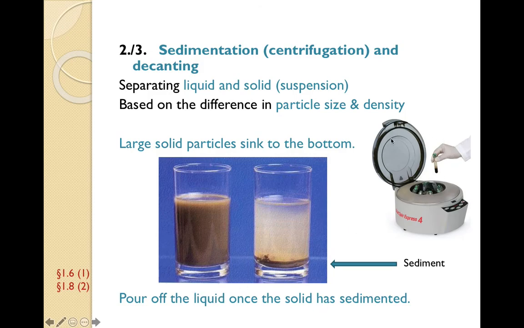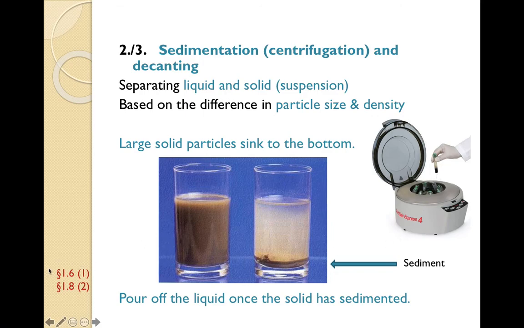And here on the right, you see a centrifugation machine, and that's often used in the lab. If you have solid particles and you want to keep those solid particles, but you want to remove the liquid, you can centrifugate, and then with another solvent, you can remove the solid.